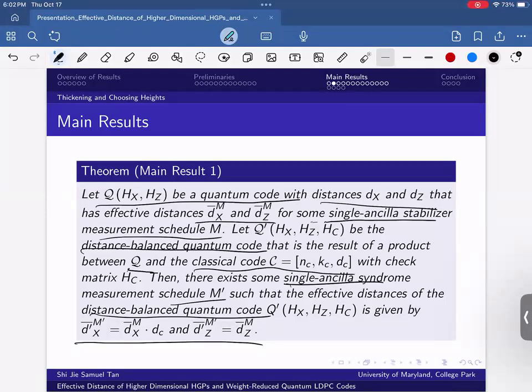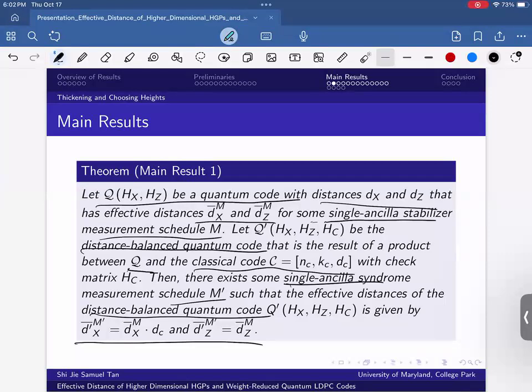I'm just saying that whatever your effective distance was with respect to a single ancilla stabilizer measurement schedule, you can preserve the gains in the distance that come from distance balancing with some other single ancilla measurement schedule too. That's closely related. But this result can be more general for hypergraph product codes, which I'll talk about later.